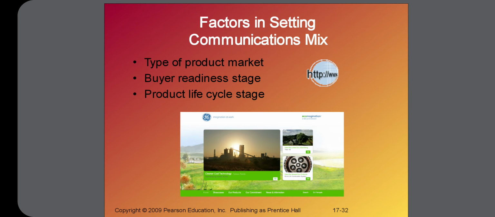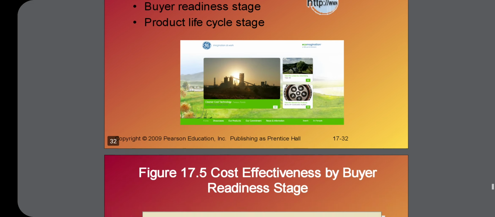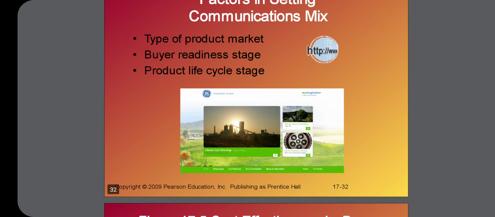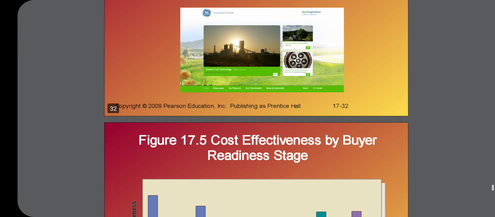We've discussed this during the last topic for midterms, and I've uploaded a recorded lecture regarding this. You need to consider if the product is under the introductory stage, so what would be your communication program if it is on this level, or if it is on the growth, maturity, or decline stage.